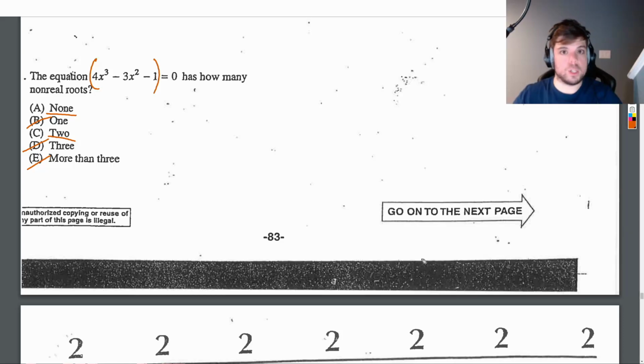It has no complex roots. All of its roots are real. If it crosses the x-axis just once and then does this little loop either below or above the x-axis, then you know that there are 2 complex roots. That's what I'm going to do. And then I'll give it another quick thought. So 4x cubed minus 3x squared minus 1.